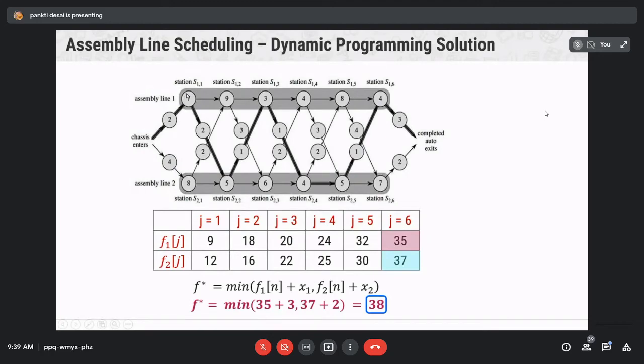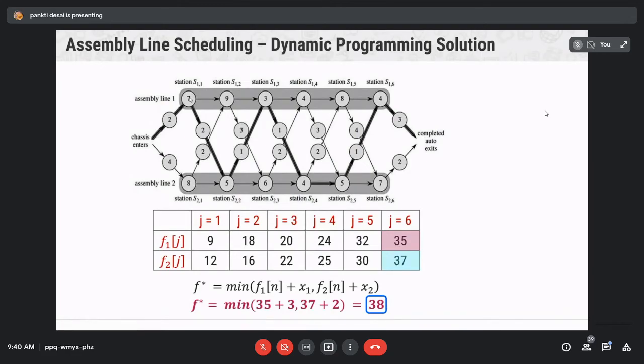To reach here, we require less time compared to this station. So first we follow this path: enter assembly line 1 and reach station S11.